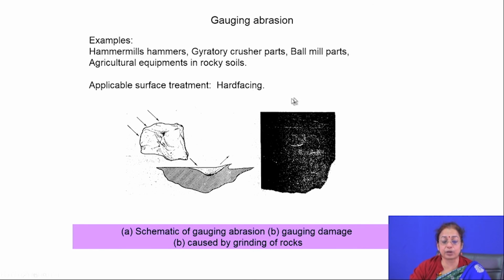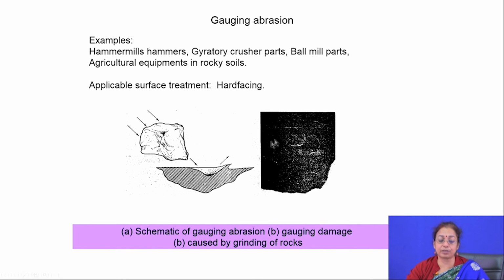For example, in the case of gyratory crusher, hammer mill hammers, ball mill parts, and agricultural equipment in rocky soils, heavy components come in contact with another surface with a very heavy striking load for a very short period of time. There again the same phenomenon is responsible: deformation of the material from the surface, subsurface crack initiation and failure of the component.